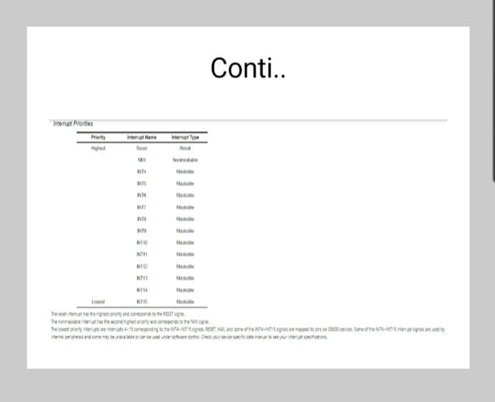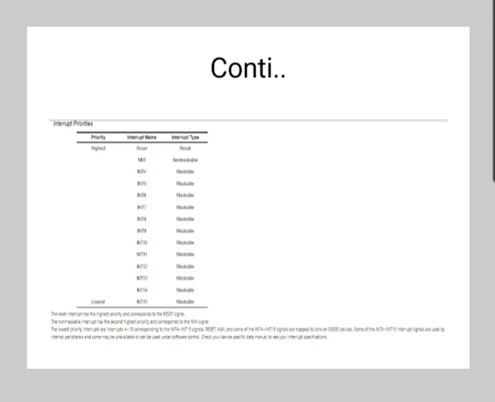The lowest priority interrupts are interrupt 4 to 15, corresponding to the INT4 to INT15 signals. Reset bar, NMI, and some of the INT4 to INT15 signals are mapped to pins on C6000 devices. Some of the INT4 to INT15 signals are used by internal peripherals and some may be unavailable or can be used under software control.